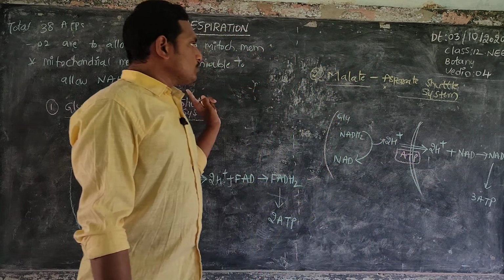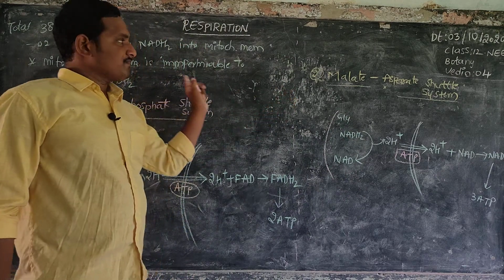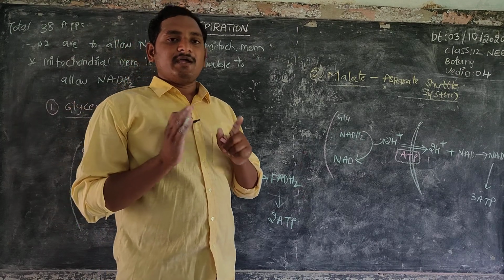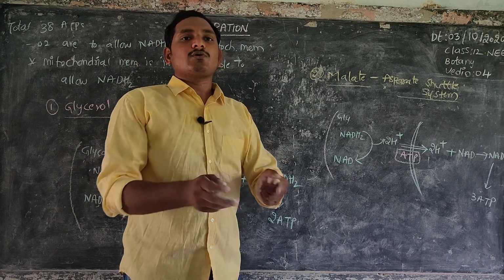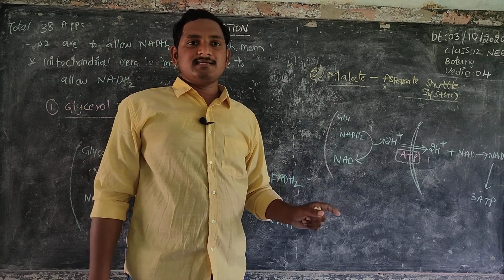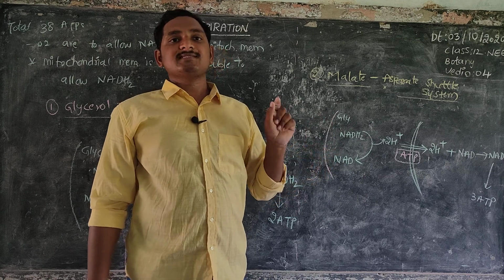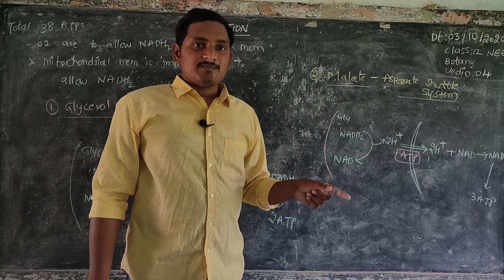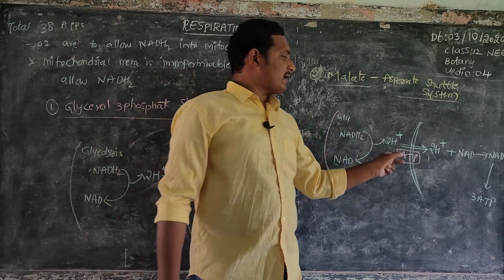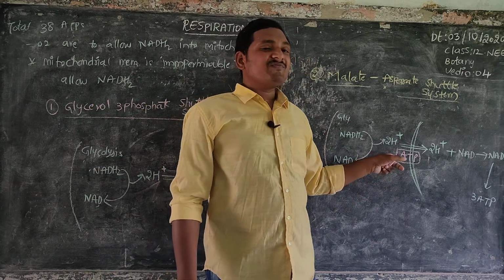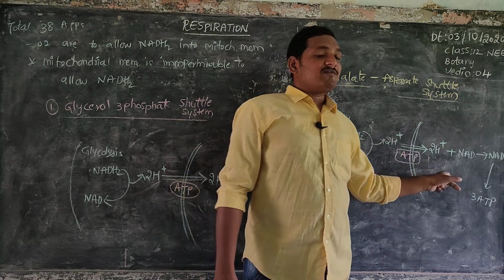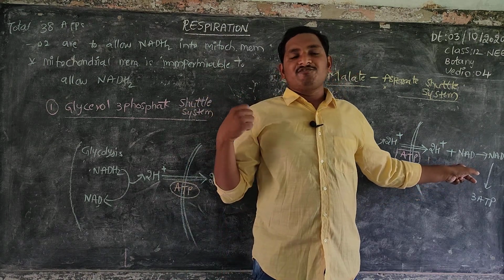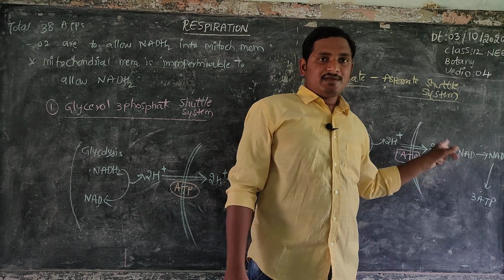So two systems work together for pumping NADH2 into the mitochondrial membrane. It does not directly enter the mitochondrial membrane as NADH2, but NADH2 changes into protons. Protons only enter the mitochondrial membrane with the help of expenditure of ATP. Then after entering, they combine with either FAD or NAD.